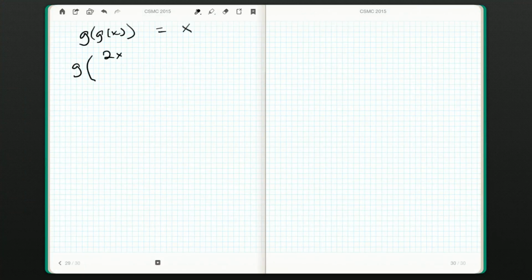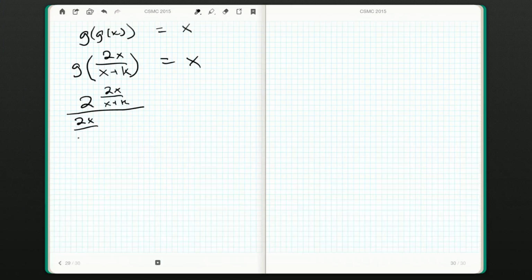That's g of 2x over x plus k. We want all that to be equal to x. Well, what's g? g is the function that takes in something, doubles it and puts it on top. And then on the bottom, we put whatever we took in, and we add k to it. And we want that to be equal to x.